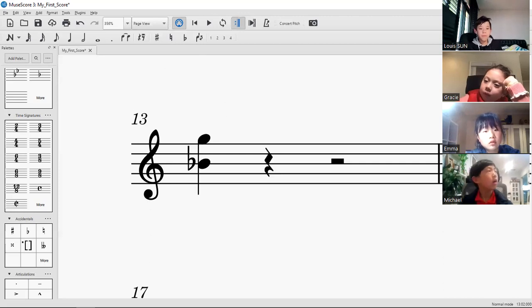So yep, Emma is correct in naming the inversion. That is in fact a major sixth, and inverted becomes a minor third. Yes. Next.